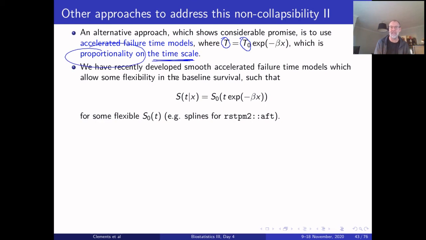We have recently developed smooth accelerated failure time models, which allow some flexibility in the survival baseline. So survival to time t given covariates x is some smooth baseline function times t times exponential of minus beta x. See the rstpm2 aft function.